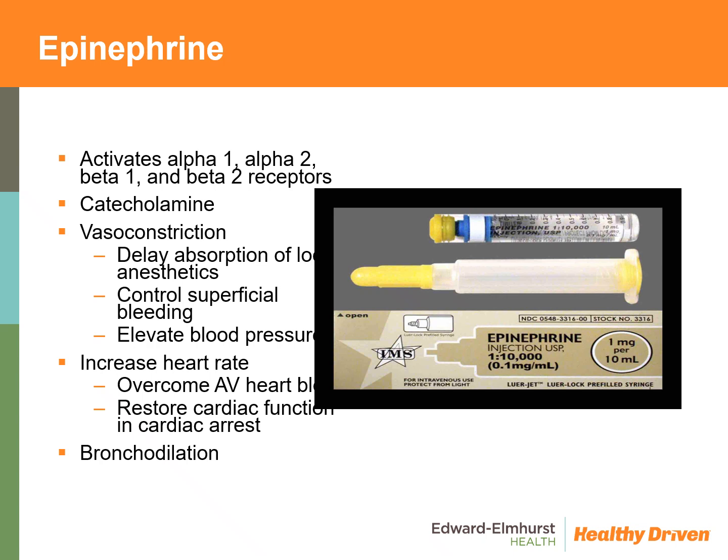Epinephrine activates alpha-1, alpha-2, beta-1, and beta-2 receptors. It's a catecholamine. Vasoconstriction will delay the absorption of local anesthetics, control superficial bleeding, and elevate blood pressure. The increased heart rate will overcome AV block, restore cardiac function in cardiac arrest, and bronchodilation.